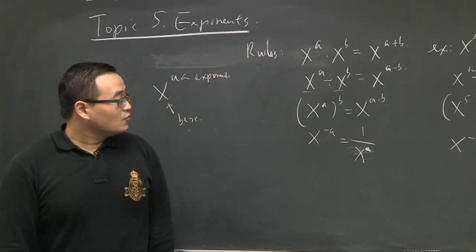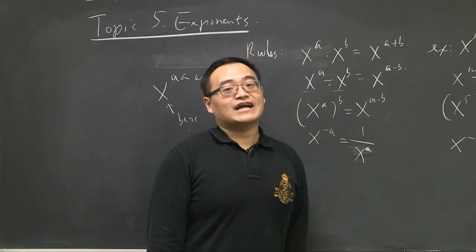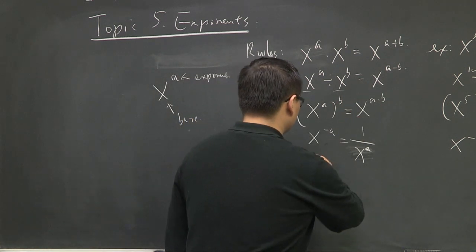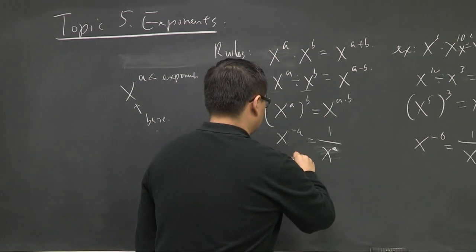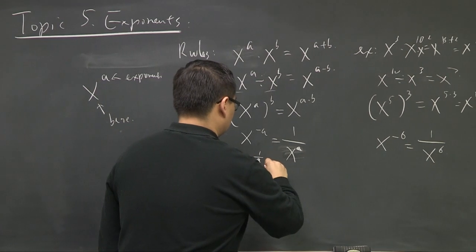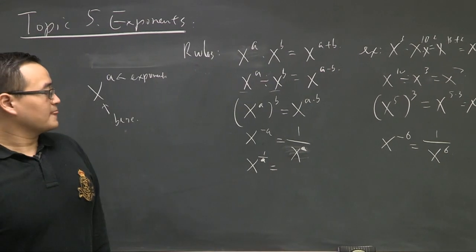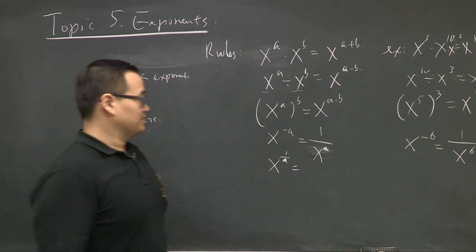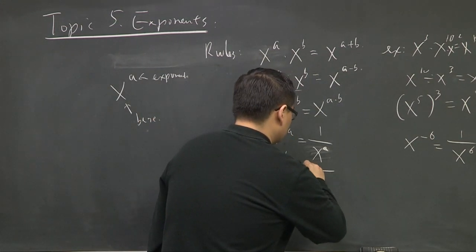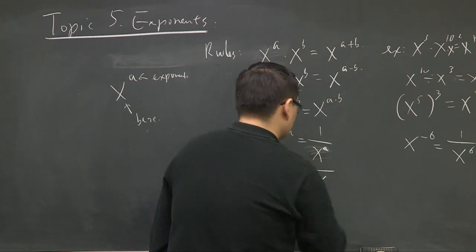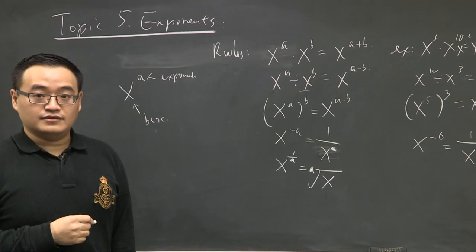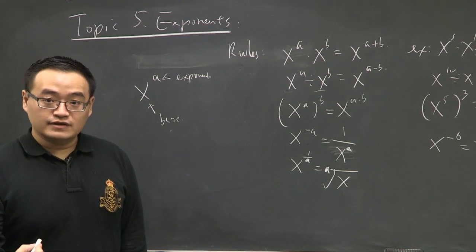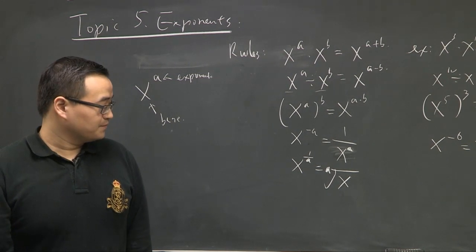What if you start to have rational exponents? What do I mean by that? Let's look at an easier one. What if I have x to the 1 over n? All this means is it's the nth root of x.